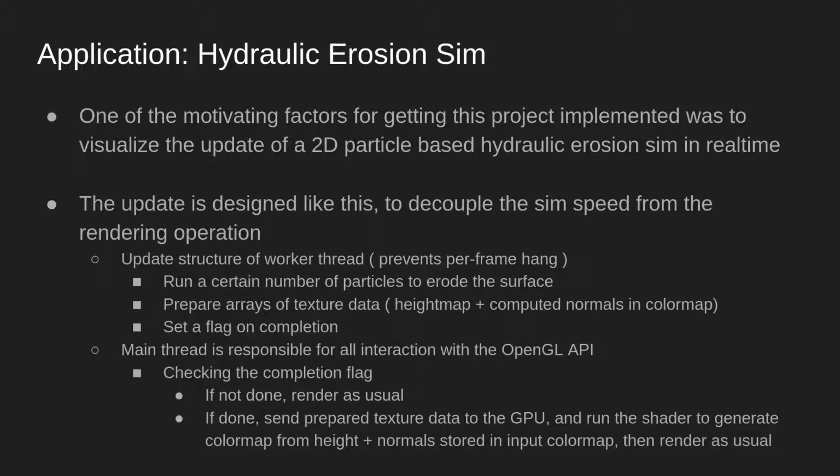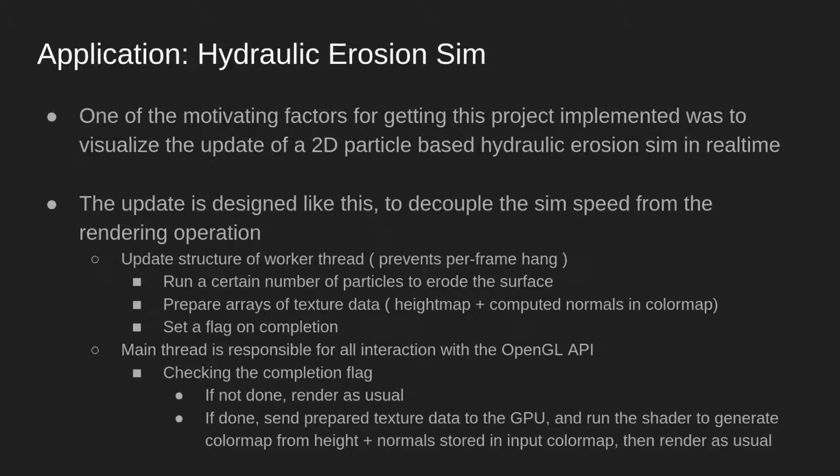There's a certain job size that you give it, and it'll run that many particles. Then it'll prepare Uint8 buffers for the height map, and it will compute normals, which is part of the hydraulic erosion sim for accelerating the particles downhill. And then when it finishes this, it sets a flag, which is checked by the main thread.